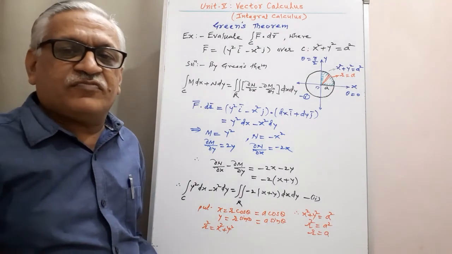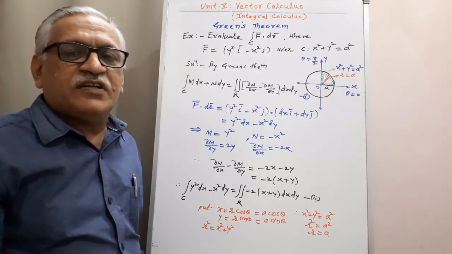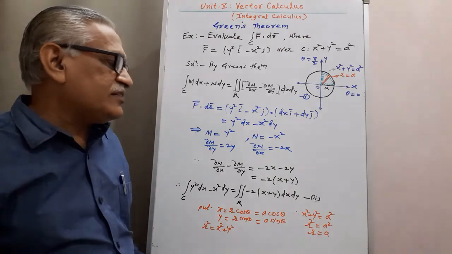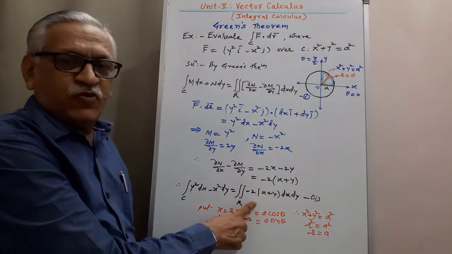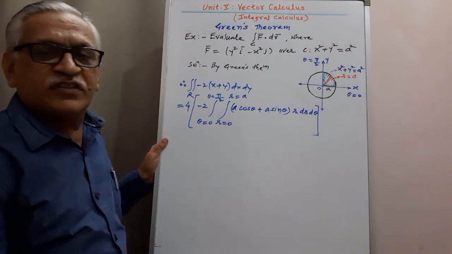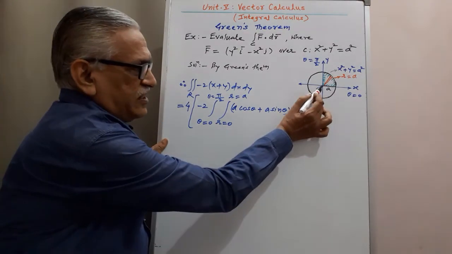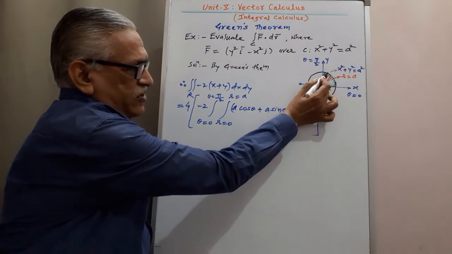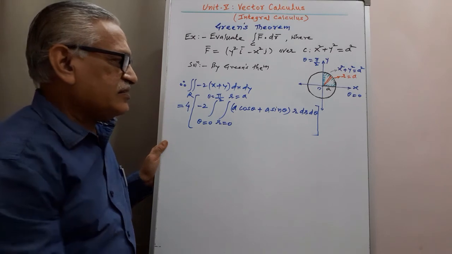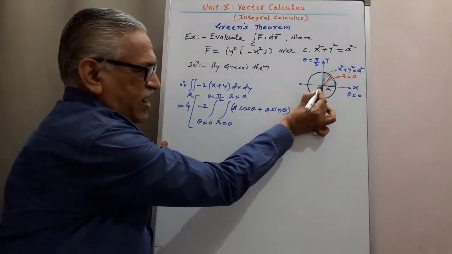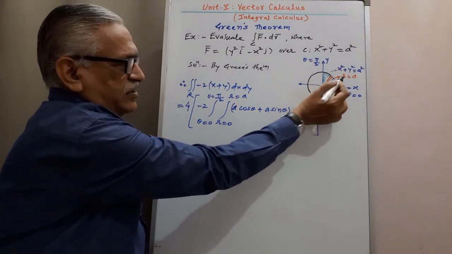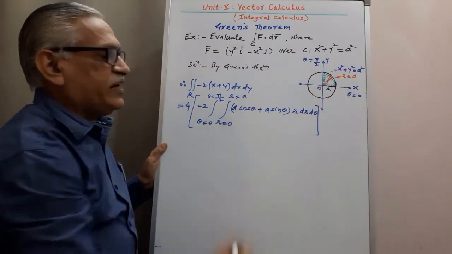When we are performing in polar form, first integration is with respect to r and then with respect to theta. When we convert into polar form, we have to draw the elongated strip whose lower end is always on the pole and upper end on that curve. First integration is with respect to r. Therefore, at pole we have r is equal to 0, and upper end lies on that circle, with equation r is equal to a.